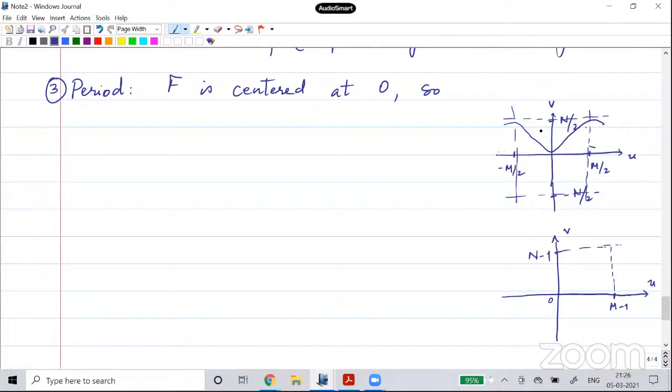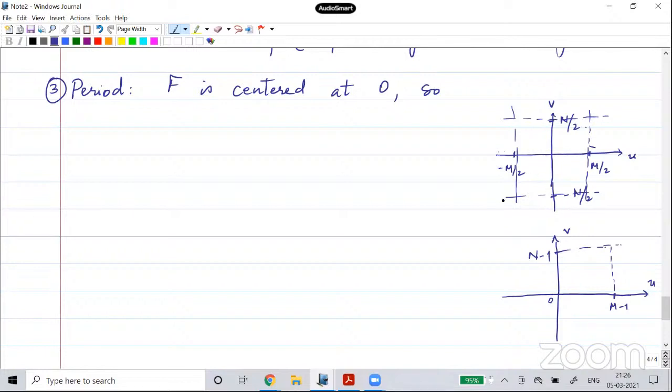So I shouldn't be saying this actually, because I might be wrong. Let me not say this at all. What I want to say is that it is desirable to have this sampled in these intervals, 0 to m minus 1, 0 to n minus 1, even for calculation purposes.